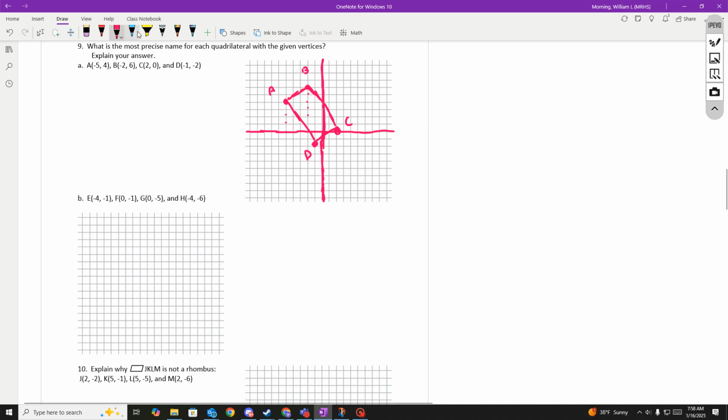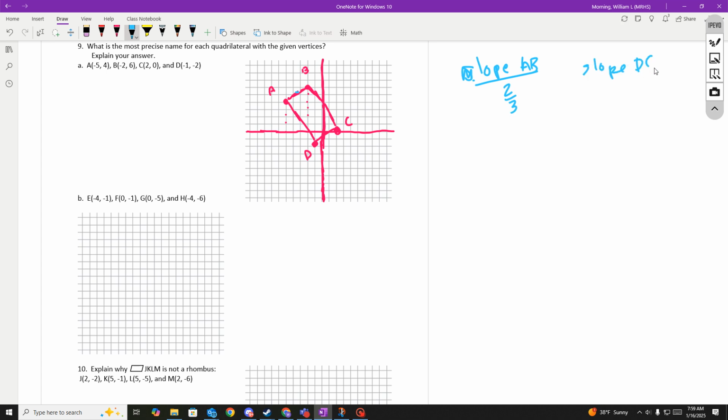Okay, first, let us show that it's a parallelogram. The way that we show it's a parallelogram is by doing one pair of sides, the slope and the length the same. So the slope of AB is rise over run, 2/3.